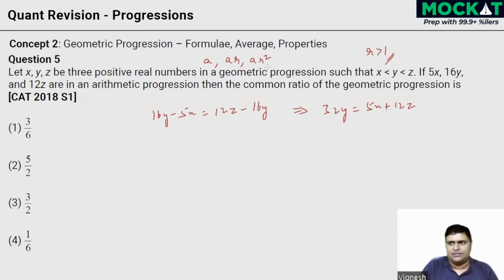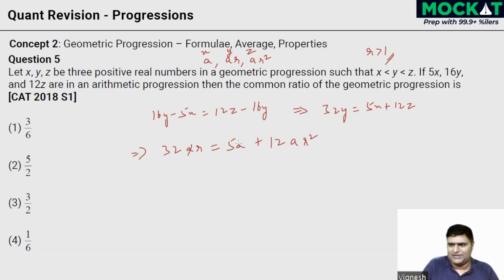So back to this, where x, y, and z are defined as a, AR, AR square. If I plug in y as AR, I get 32 AR equals 5a plus 12 into AR square.